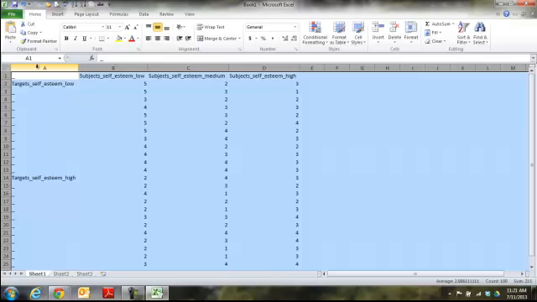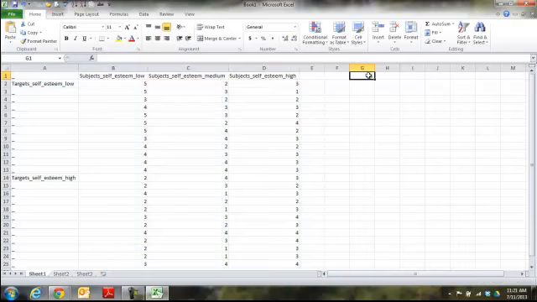Here's where it gets tricky. This is what we're going to be striving for ultimately. We're going to have a response column, a row factor column, and a column factor column. So in here is going to be all of our data. And then next to it, it's going to be the row factor.